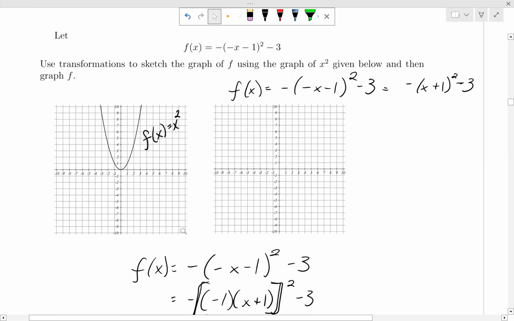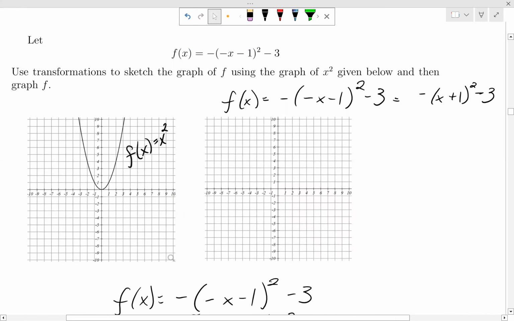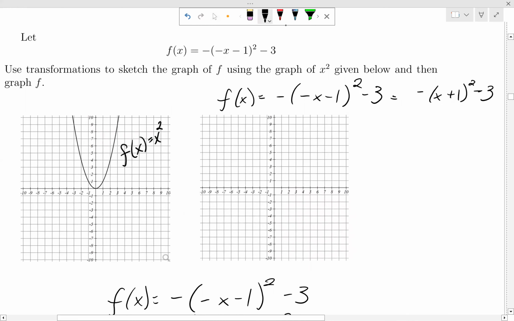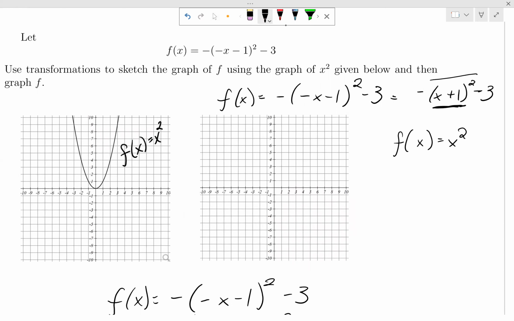All right. So this x plus 1 part squared, if f of x is equal to x squared, this middle part right here looks like f of x plus 1, which is x plus 1 squared.